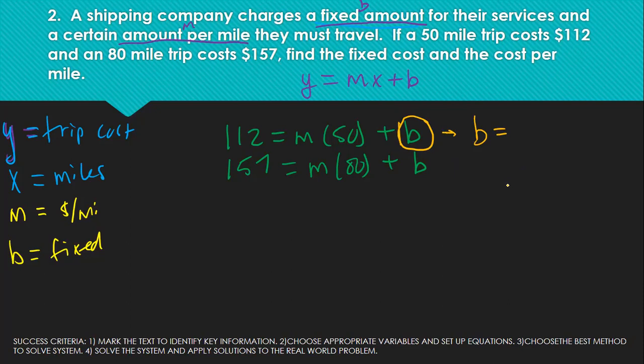If I want to get B by itself, it's a little scary. 112 minus 50M. All I need to do is get B by itself. Well, what do I need to do to get B by itself? Subtract 50M.